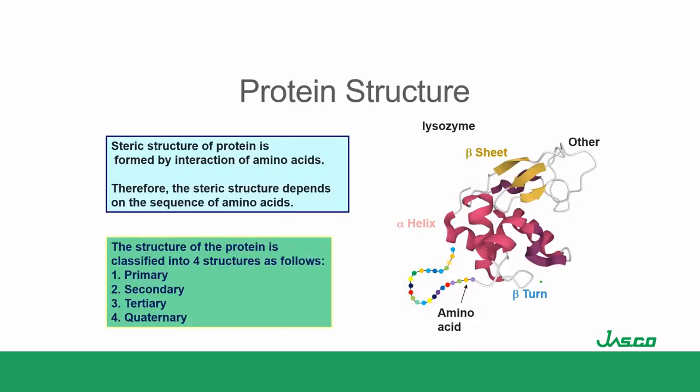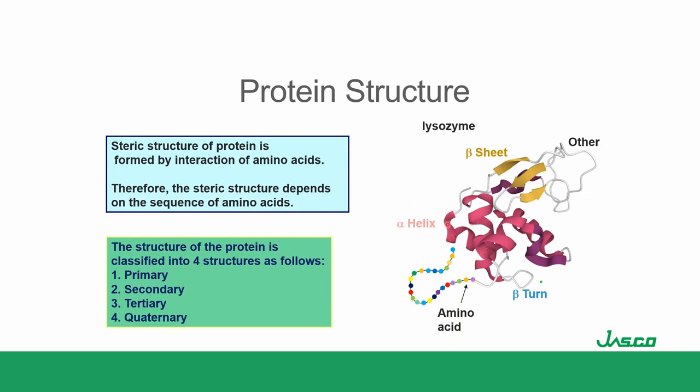So what are the protein structures? There are 4 different types of protein structure. We have the primary, and this primary is basically what I mentioned before, the chain of amino acids. Also, we have the secondary structure, and in this secondary structure we find two main structures.